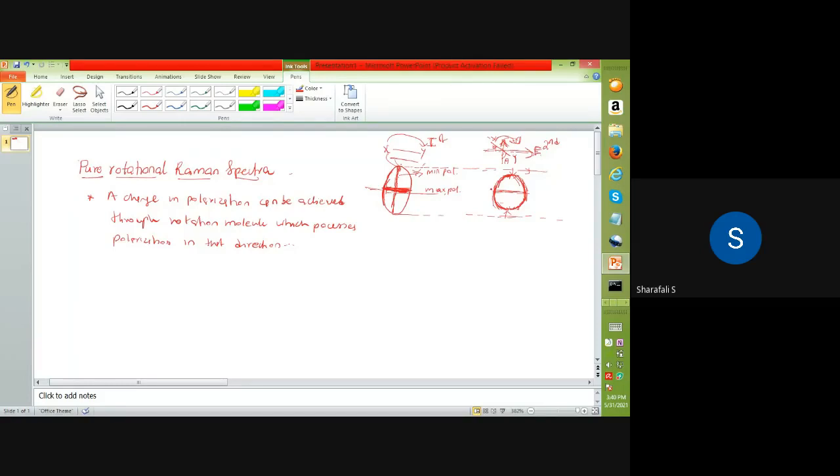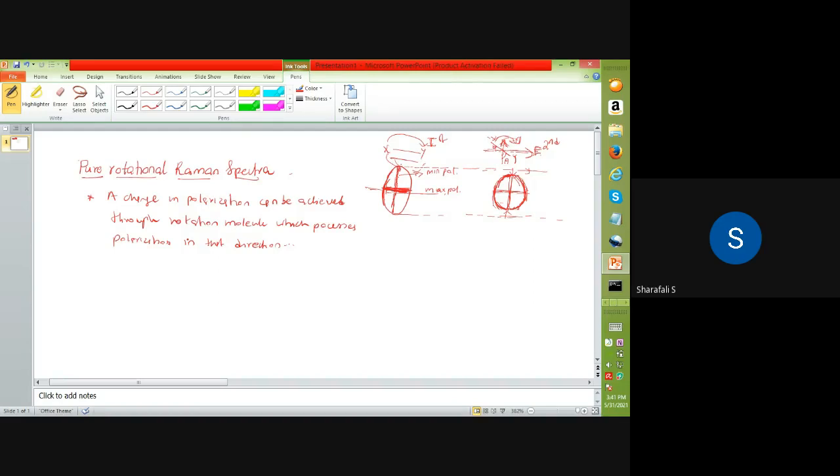For vibration, I think we discussed the water molecule in the last class. For that water molecule, we have different polarizability ellipsoids with respect to its vibrations. So that is also possible. A change in polarization can be achieved through rotation of the molecule as well as vibration of the molecule.